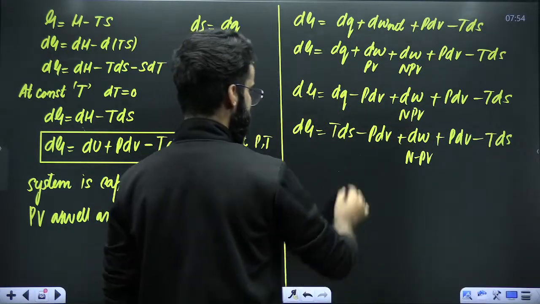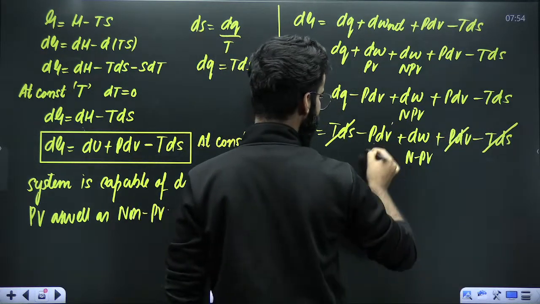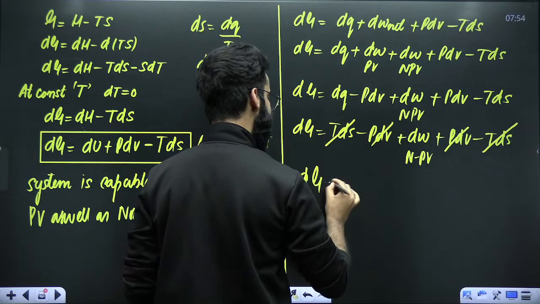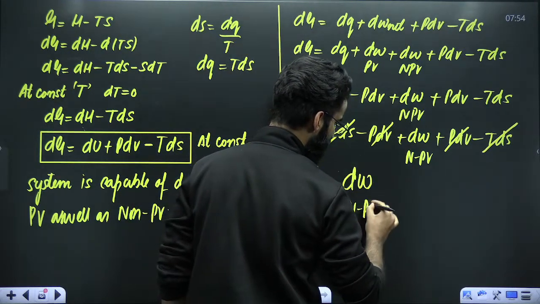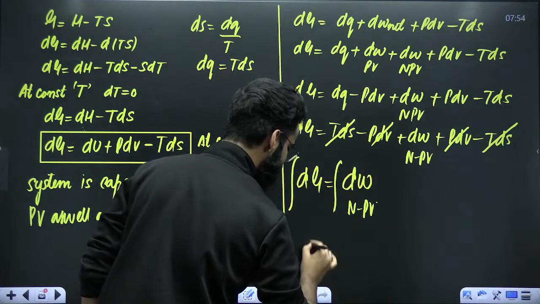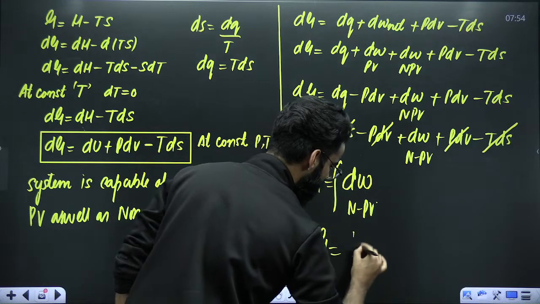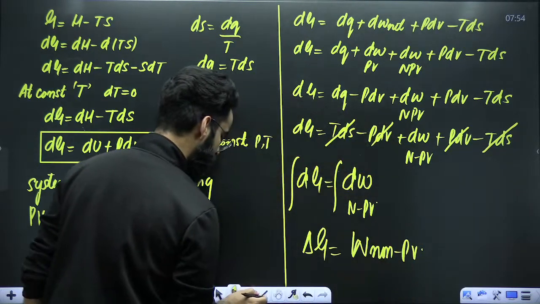See what all parameters will get cancelled out. TdS got cancelled, right? PdV got cancelled. So finally, I'm getting dG is equal to dw non-PV. If I integrate on both sides, I'm getting delta G is equal to non-PV work.